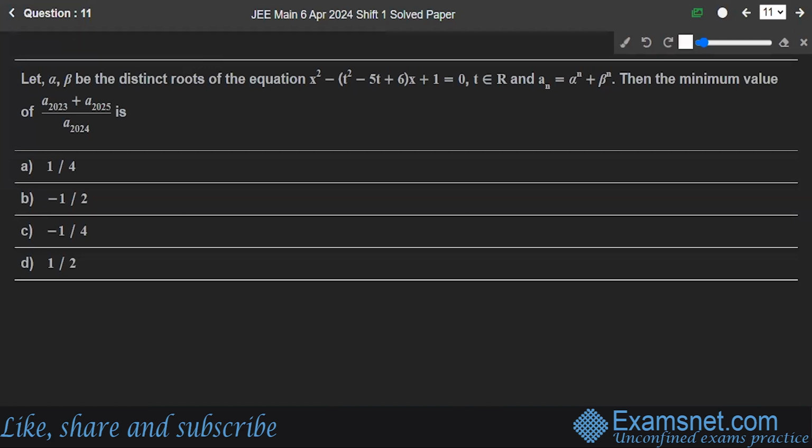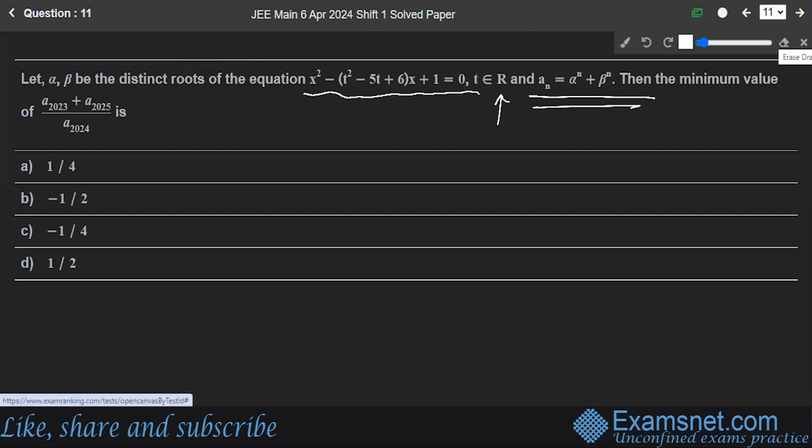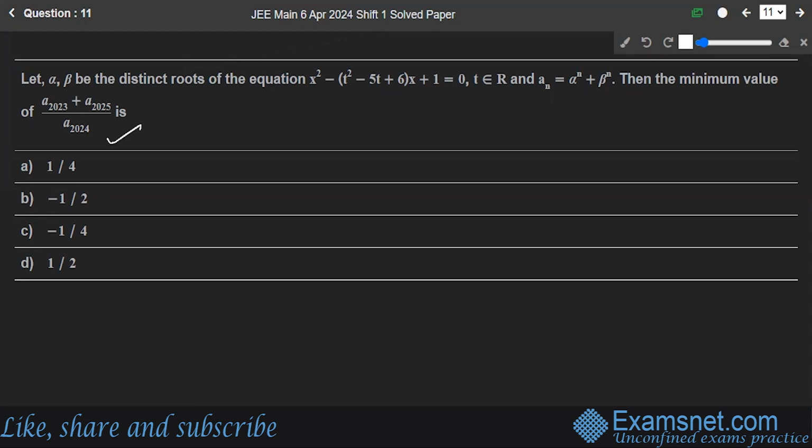Question number 11, let alpha and beta be the distinct roots for this equation where t belongs to the real numbers and a power n, an is equal to alpha power n plus beta power n. And the minimum value for this expression is equal to. Okay, see one thing, I'll be applying the Newton's theorem over here, which says a n plus 2 minus t squared minus 5t plus 6 into a n minus 1 plus a n is equal to 0.